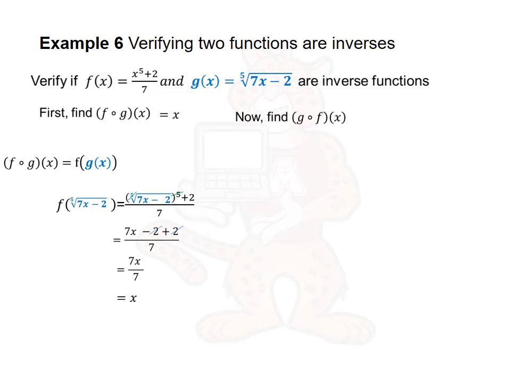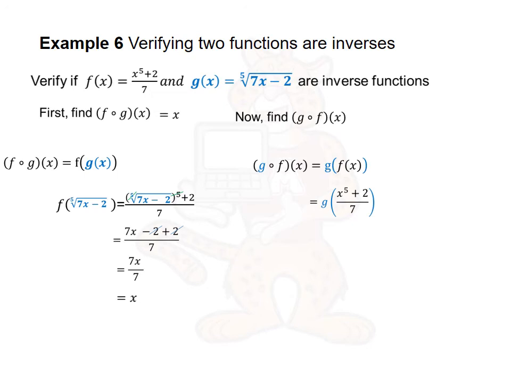And let's see what happens with g composed with f of x. So g composed with f of x is the same as g of f of x. Now my input becomes the function f, and I'm going to replace the function f into g. Remember that the function f is x to the fifth power plus 2 over 7, and I'm going to replace it into the function g.